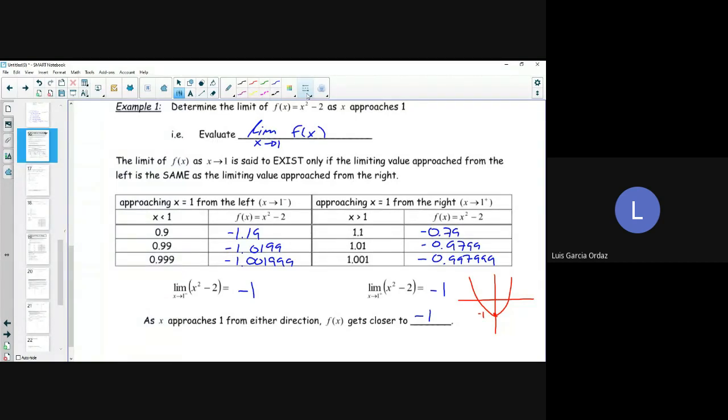So as x approaches 1 from the right, we're going to get a negative value over here. So this is 1, it's going to be somewhere here. As it approaches from the left or from the right, it is going to get closer and closer to negative 1, because that's going to be our y value.